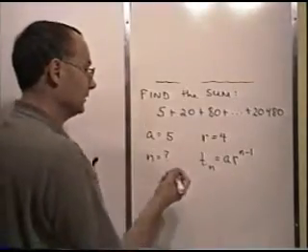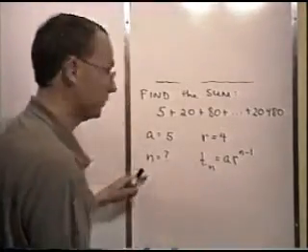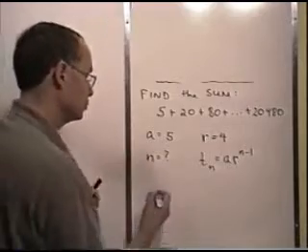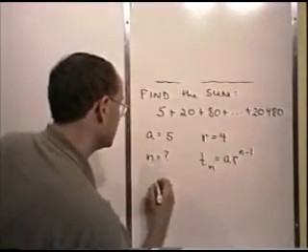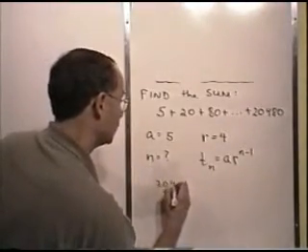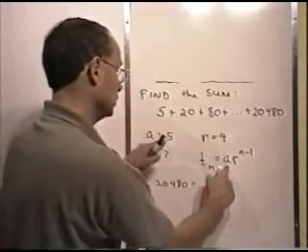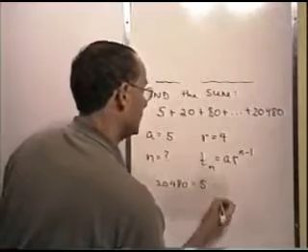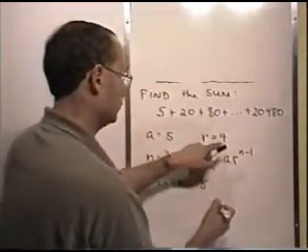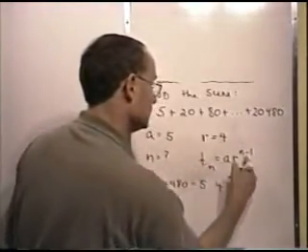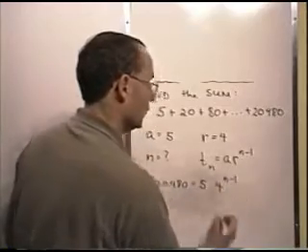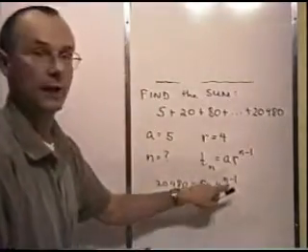I'll start down here because there's going to be a fair bit of room needed. I know the value of the term, 20,480, and that equals A, which I know is 5, times R, which I know is 4, to the n minus 1. So what I'm after is to solve for n.